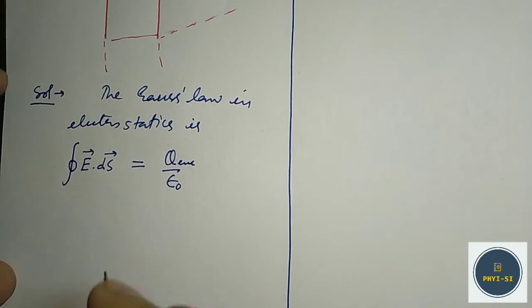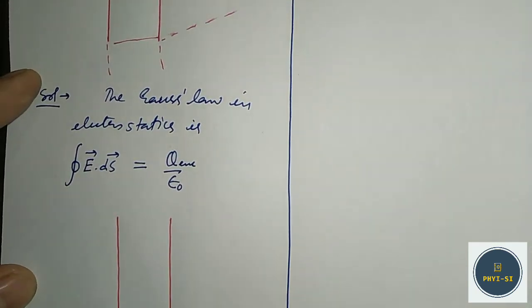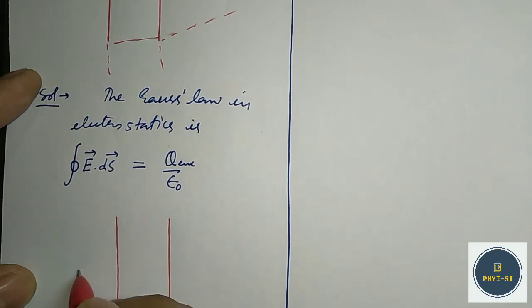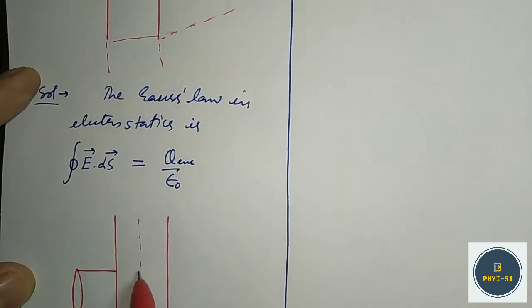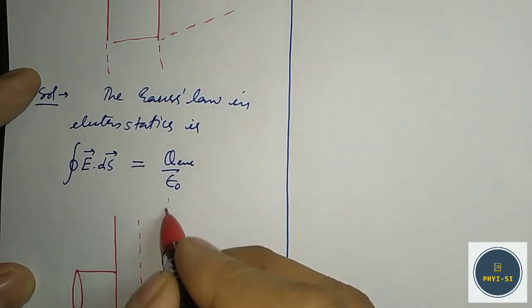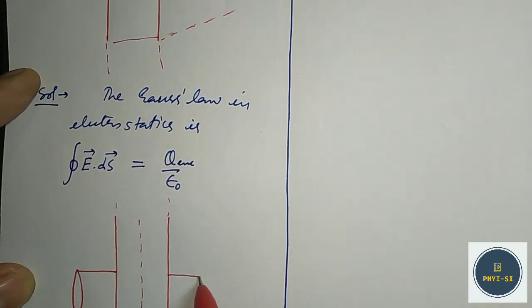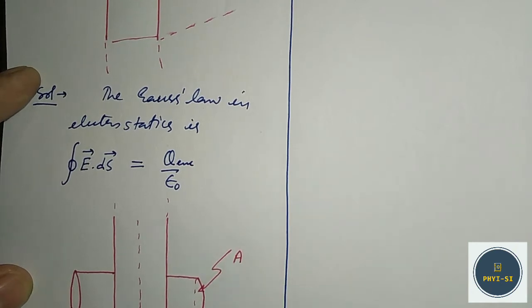This Gaussian surface crosses through this slab of thickness twice of a. It is an infinite slab, and let's say the cross sectional area of this cylinder is A.